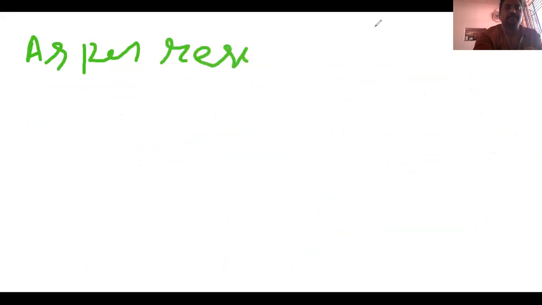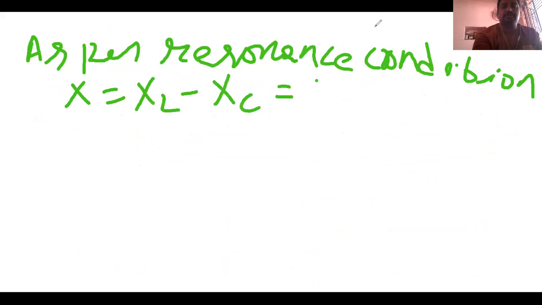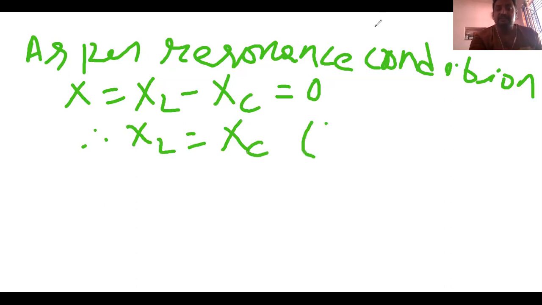Now, as per the resonance condition, already told you, what is resonance? The net reactance should be equal to 0. So X is equal to XL minus XC, which is equal to 0. Therefore, XL is equal to XC. Here, omega naught is the angular frequency and F naught is the actual frequency.